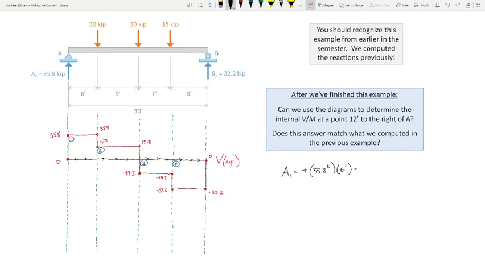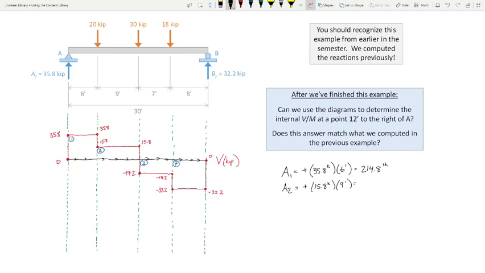What is 35.8 times 6? 214.8. Do I have a second? Yeah. So 214.8 foot kips. And let's do the same thing for area 2. That's also going to be positive because it's above the axis, and that's 15.8 kips times a width of 9 feet.